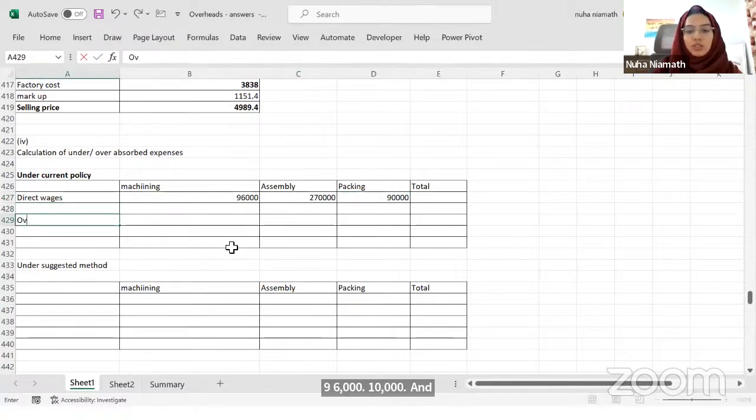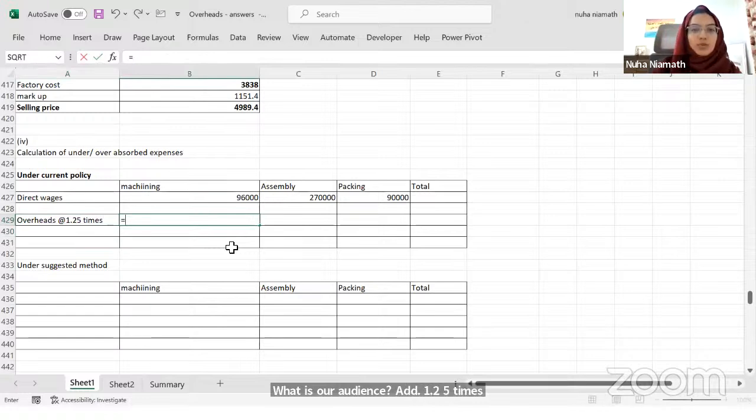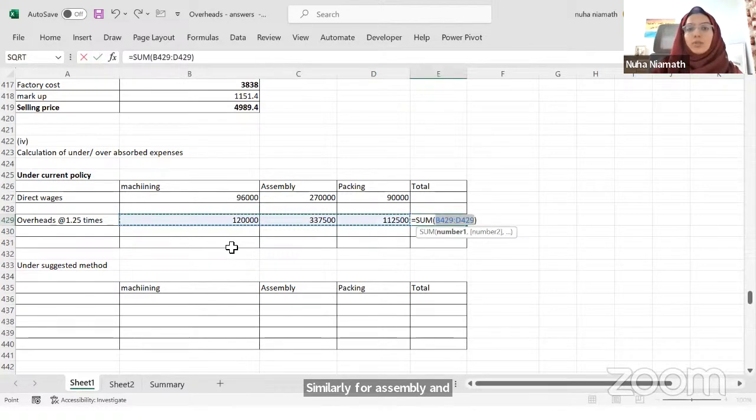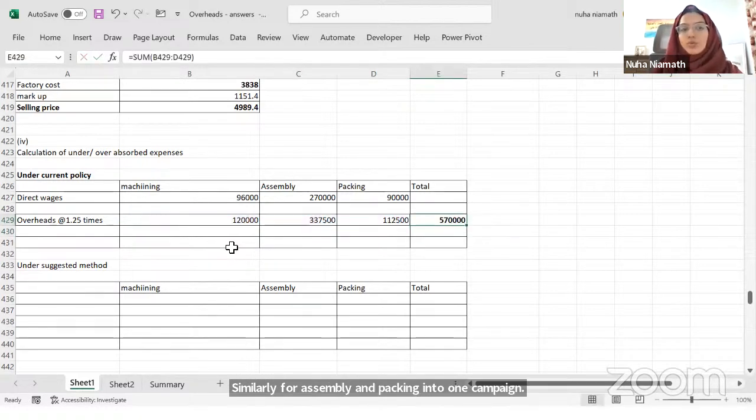So what is our overheads at 1.25 times? Equal to into 1.25. Similarly for assembly and packing into 1.25. That will give me a total of 5,70,000 overheads that is absorbed.